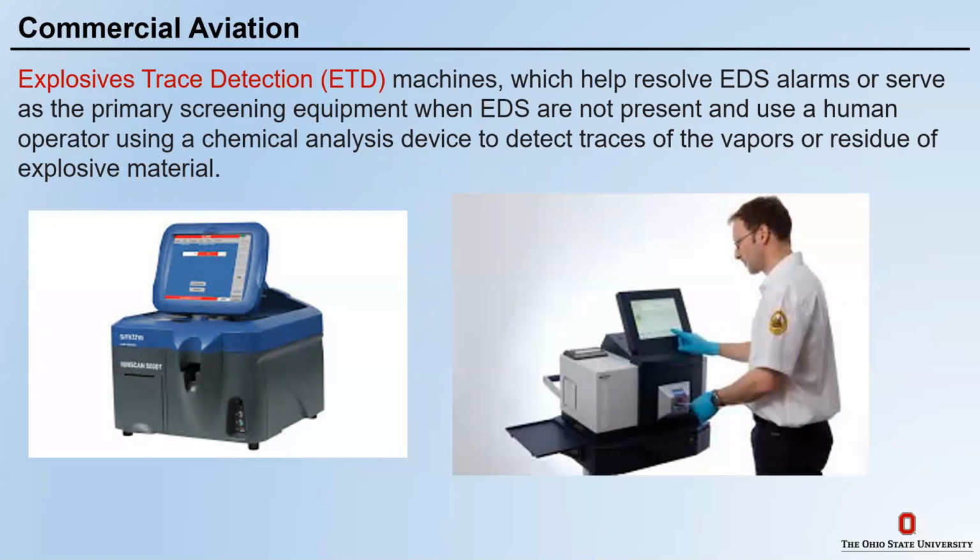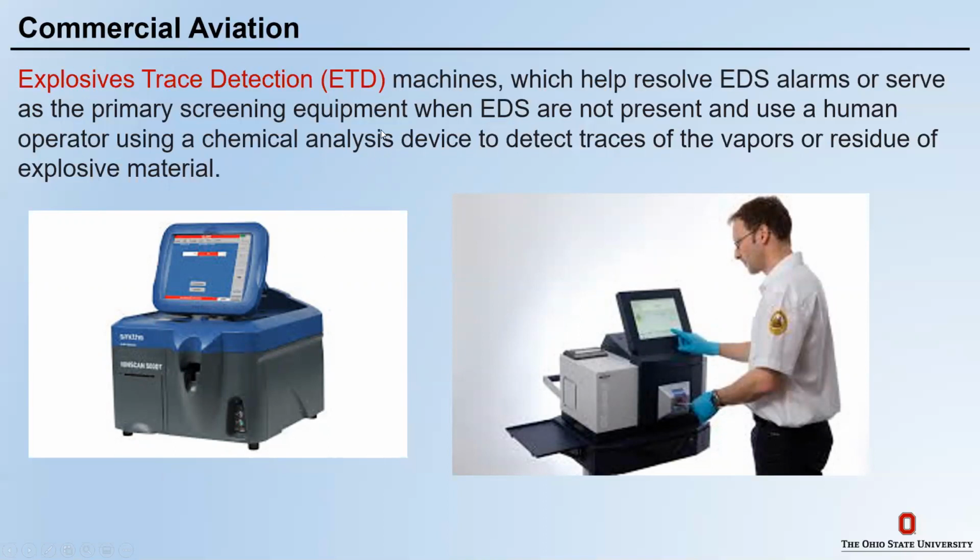It uses a human operator using a chemical analysis device to detect traces of the vapors or residue of explosive material. You can see this officer here is inserting a piece of paper, like a facial tissue, which I mentioned before. An officer will use it to swipe a suspicious item to collect the residue of explosive materials and use this small machine to make a conclusion.